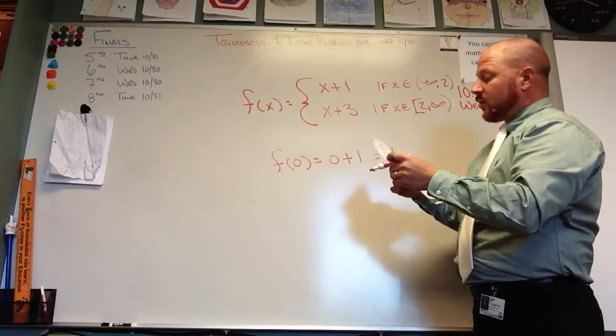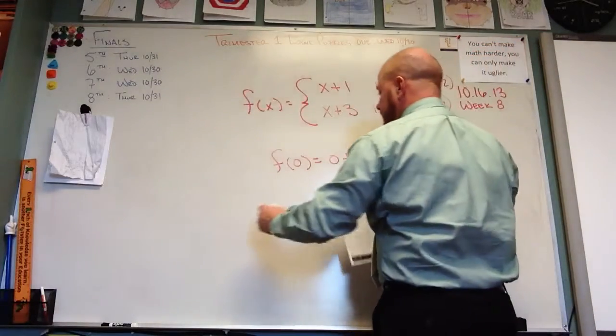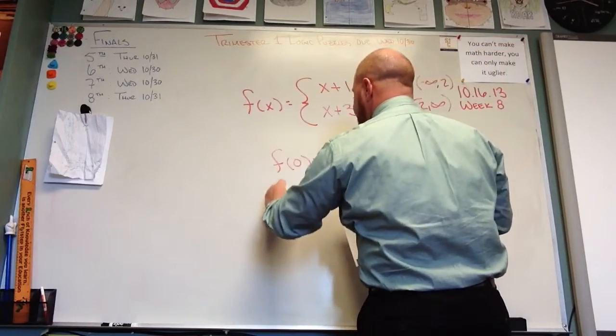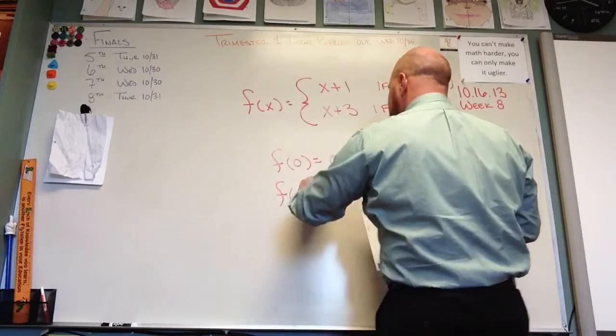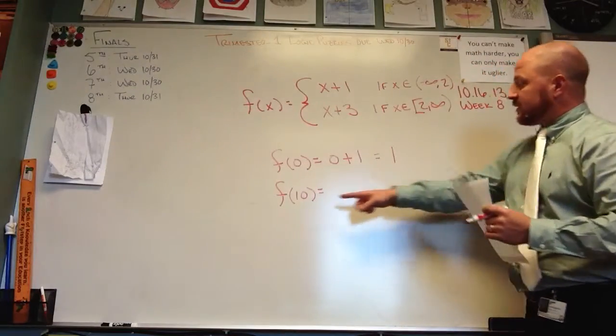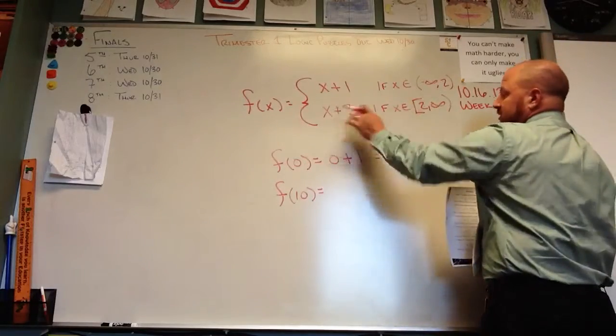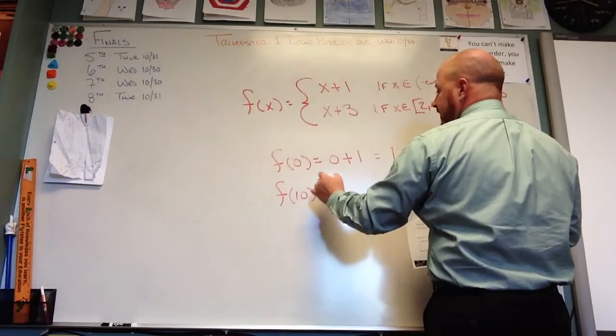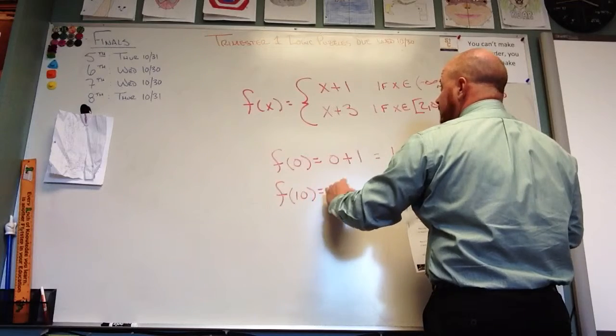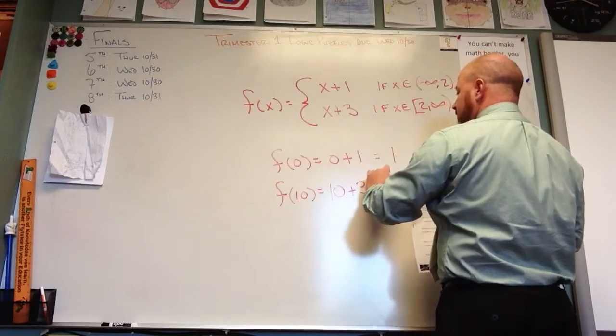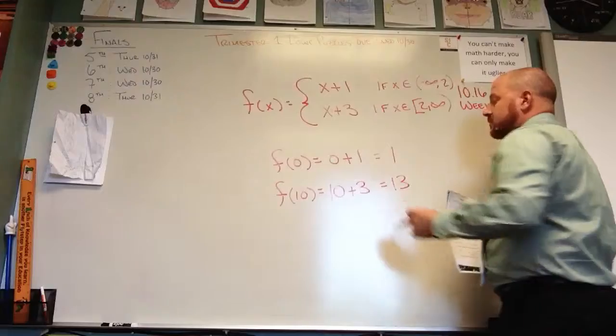Okay? The second question says, what is f of 10? Okay, so f of 10, again, all I have to do is turn around and see where I am existing. Well, 10 lives between 2 and infinity, so I'm going to use the second function. So I'm going to get 10 plus 3, which equals 13, okay?